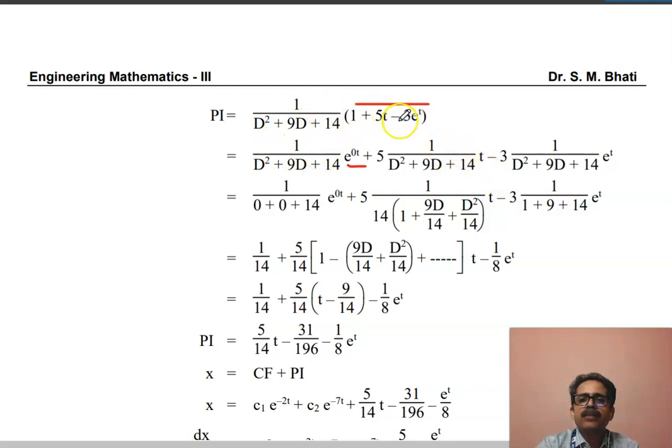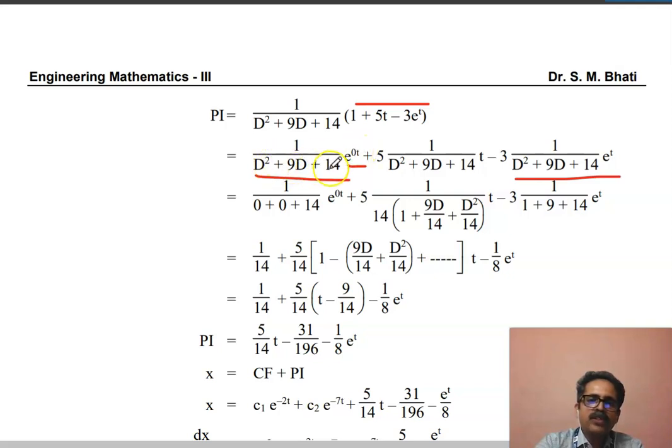Then for the last term we carry the minus sign, 3 can be taken out, and the same operator acts on e raised to t. You can see that the first term and third term have the same type. Both have 1 over phi D e raised to ax type. Role of x is played by t here, and value of a is 0.